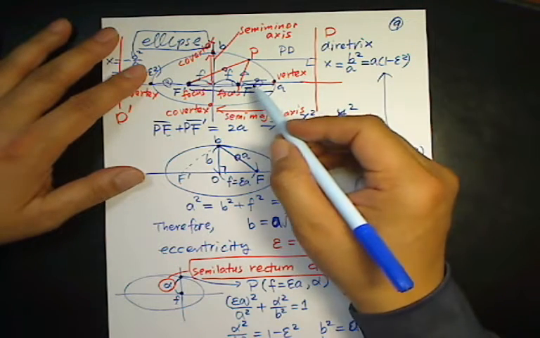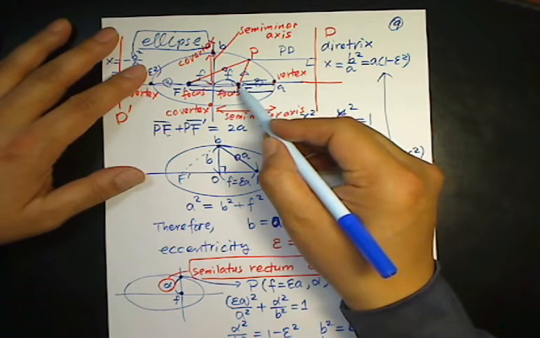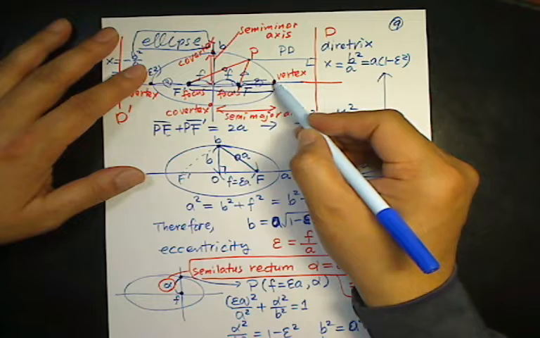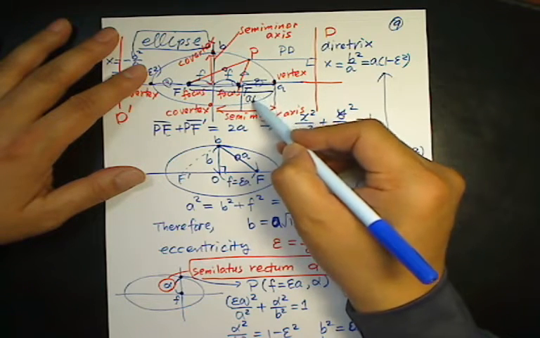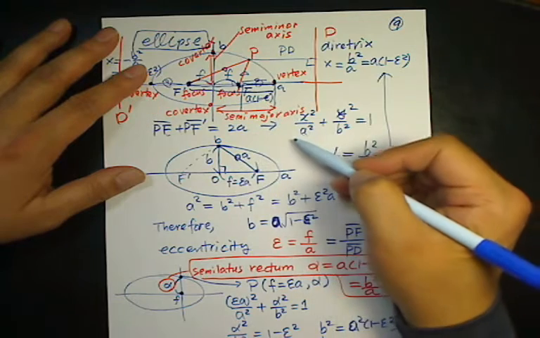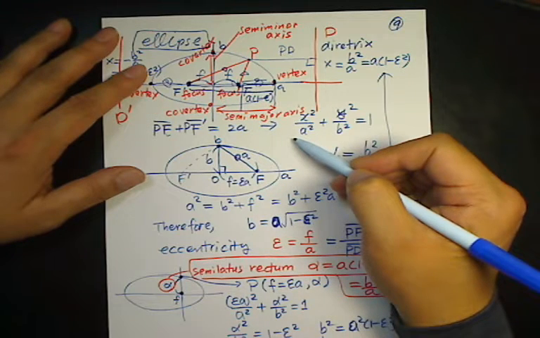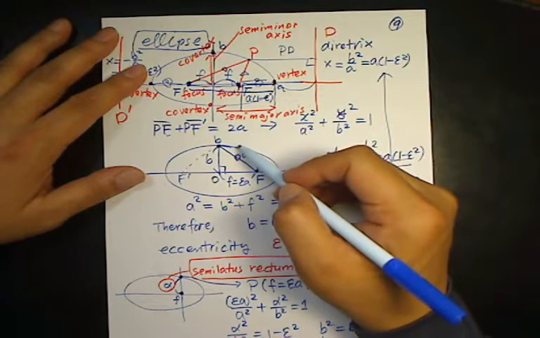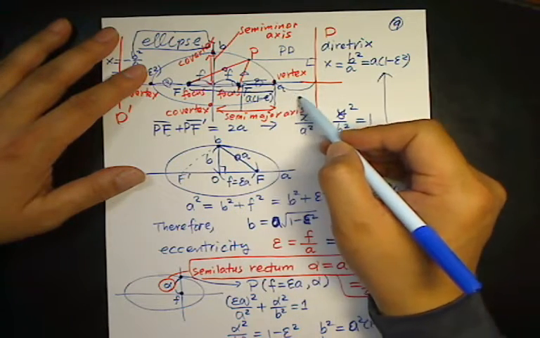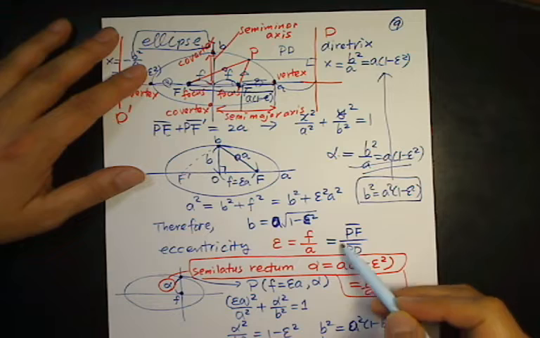So the directrix: from this focus to this point is a times 1 minus epsilon, right? And this point to there is PD.